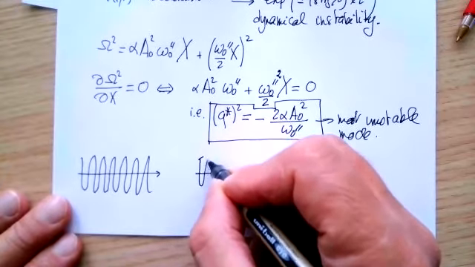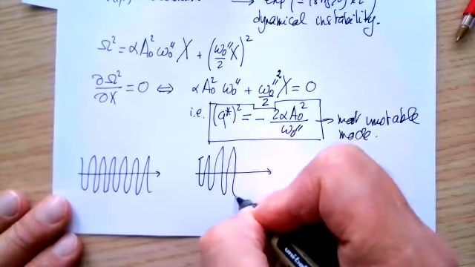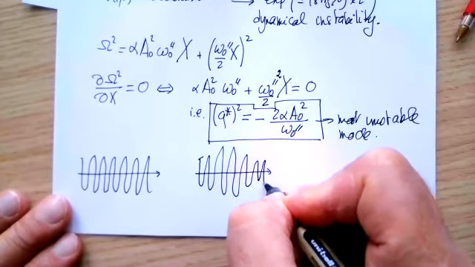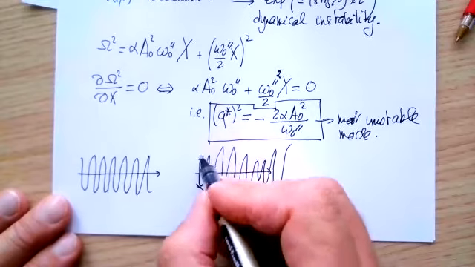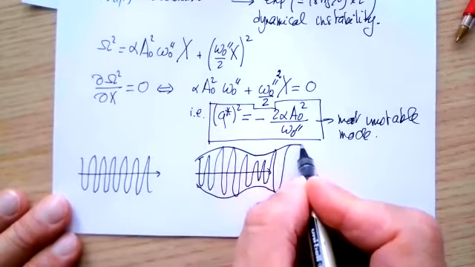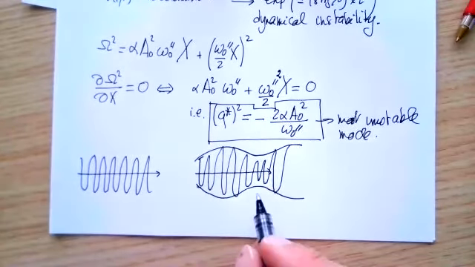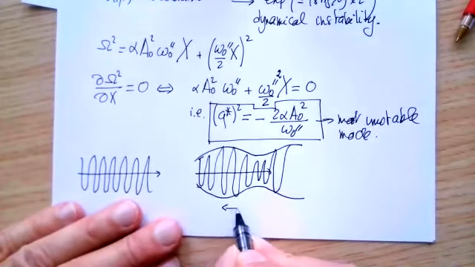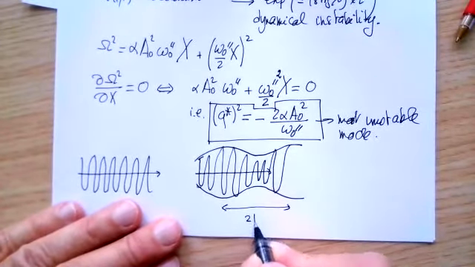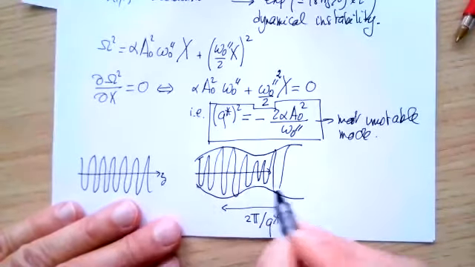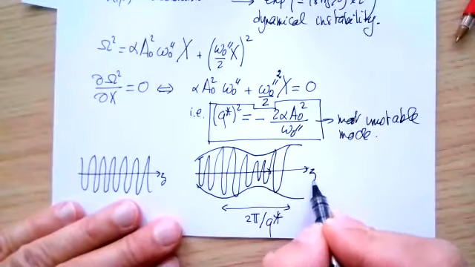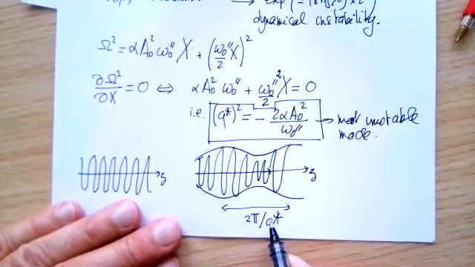Let me try to do it properly. When we have a modulation, the amplitude will increase, and here the wavelength will be 2 pi divided by q star, as a function of z.